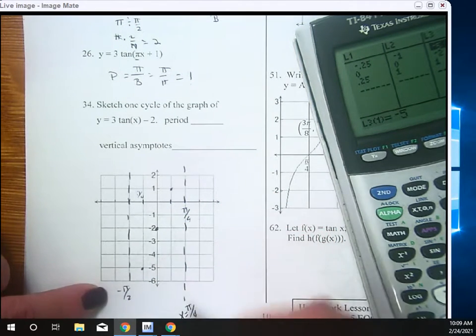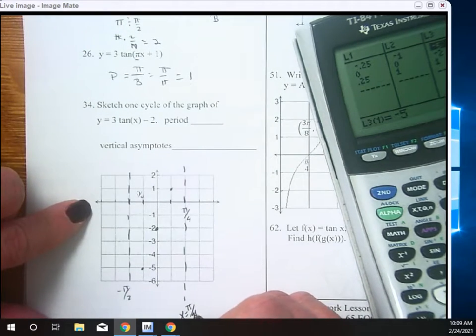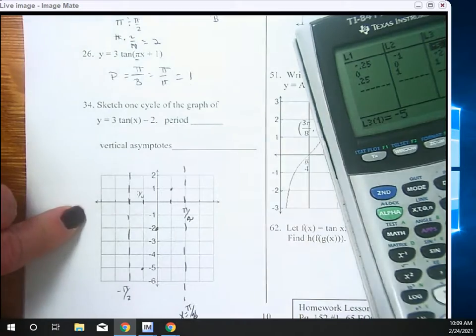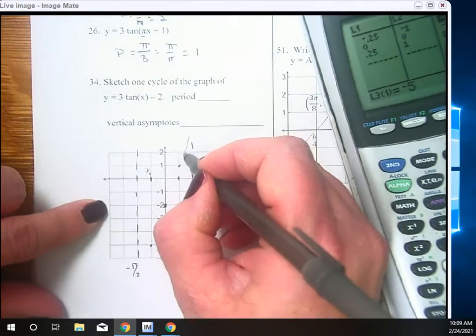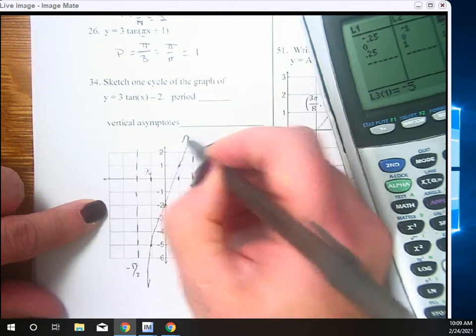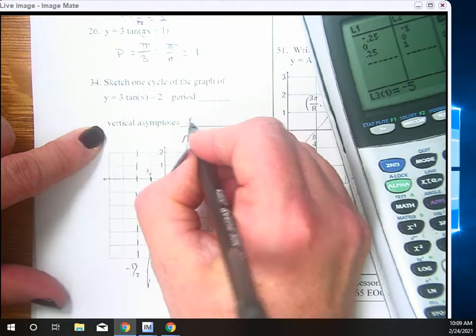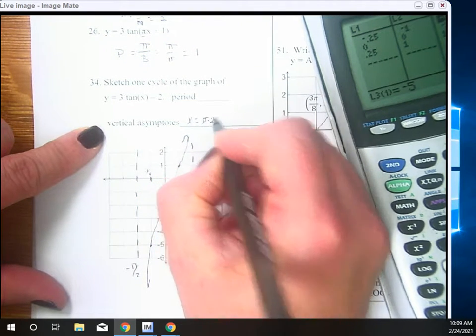If you want nice, clear graphs, you're going to want to use a straight edge. Connect your dots, put arrows on the end. And our vertical asymptotes then are occurring at every pi over 2.